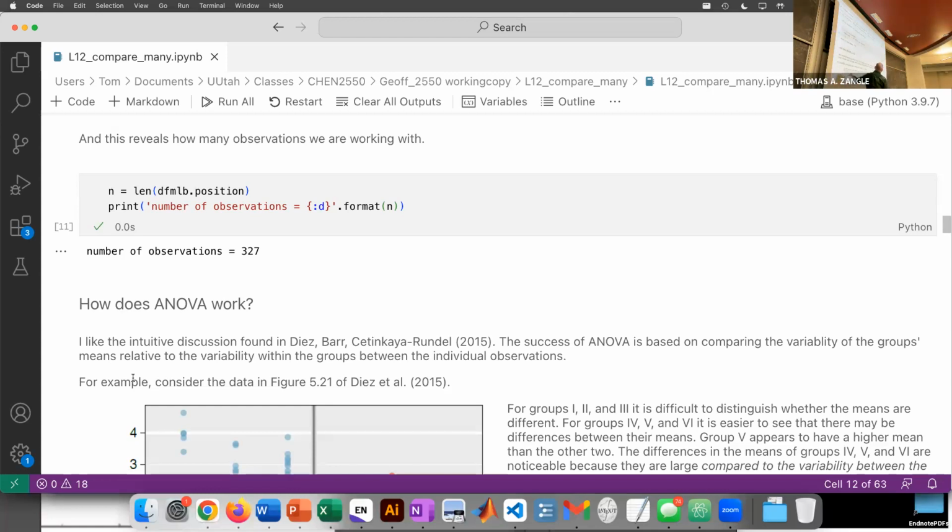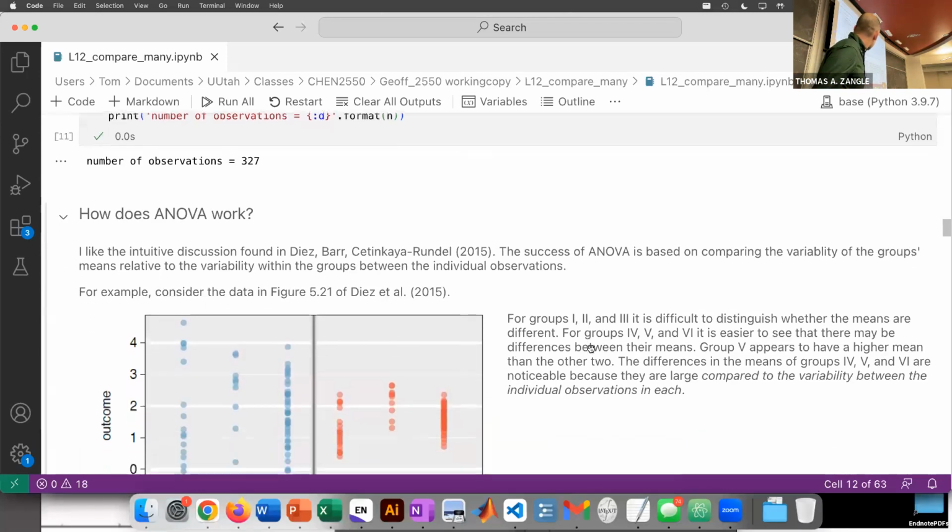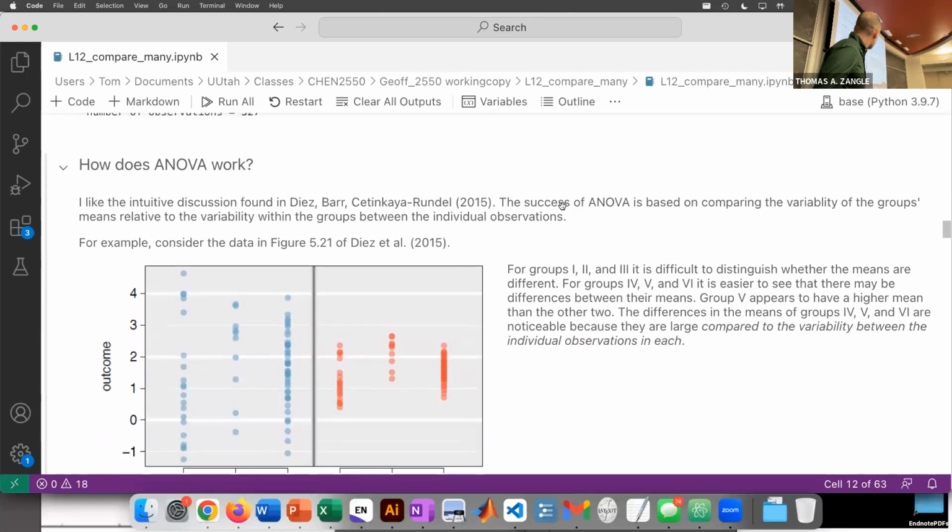And just a little bit more about what exactly we're doing when we do analysis of variance. What we're doing when we're doing this analysis of variance is comparing the variability of the groups' means to the variability within the groups between the observations.